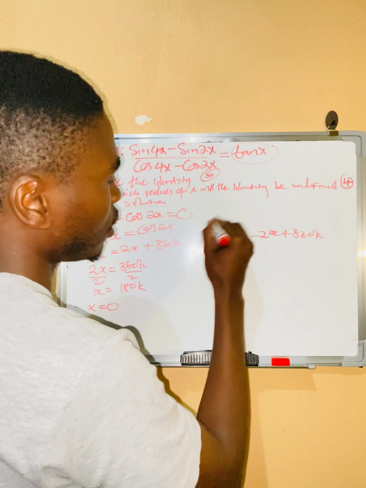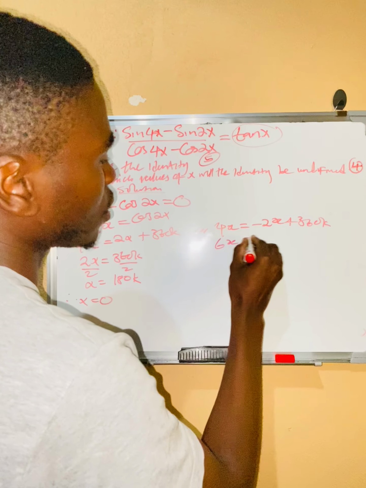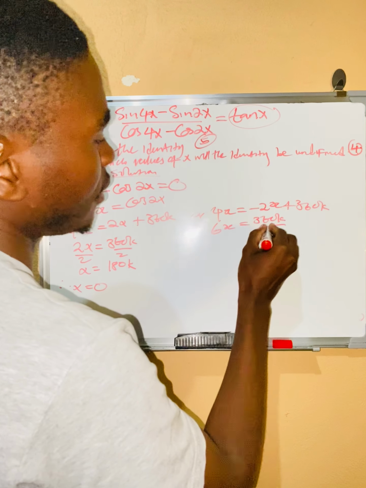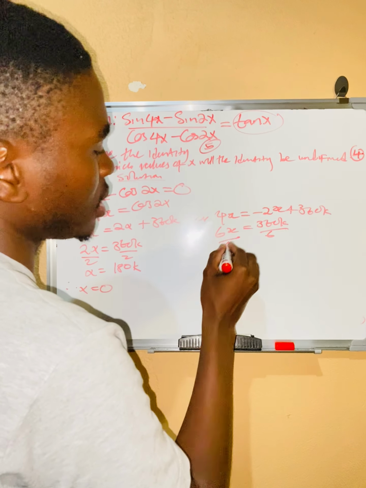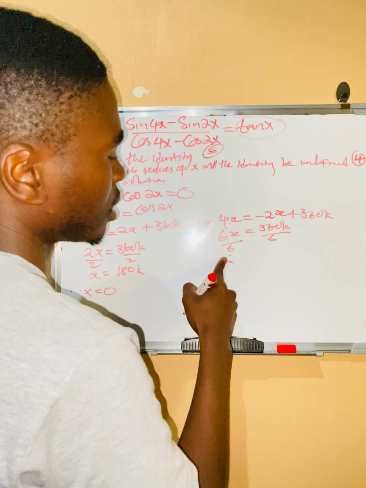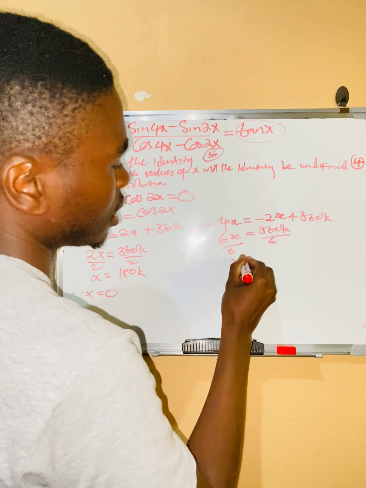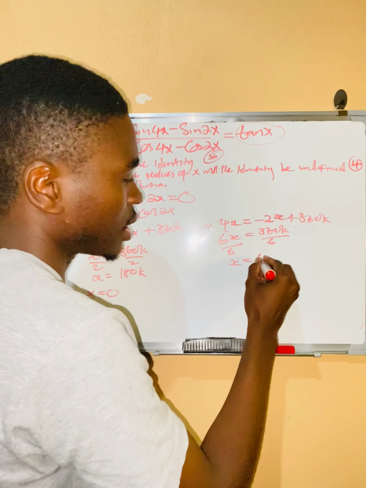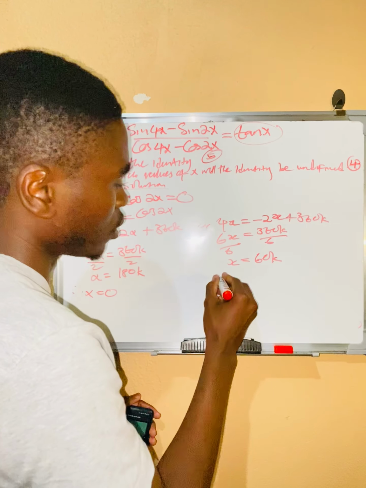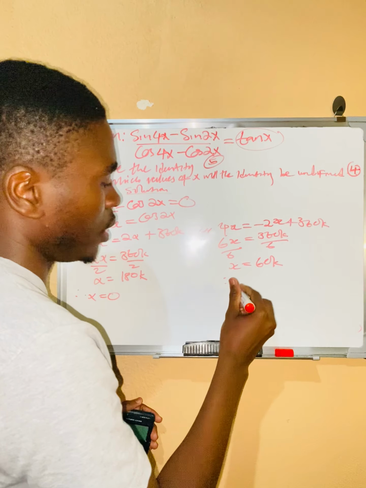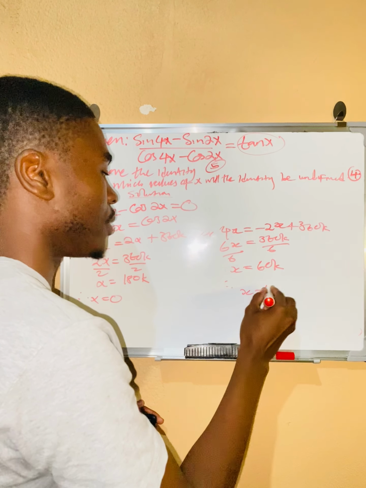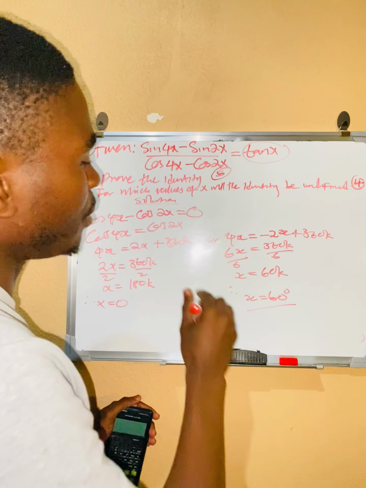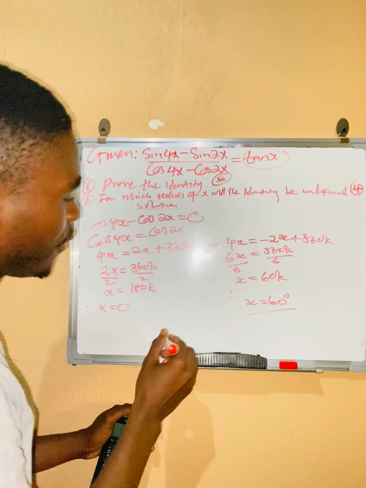Now we're going to come this side and have 6x equals 360k. You divide here by 6, and now you're going to have x equals 360 divided by 6, which is going to be 60k. Therefore x can be 60 degrees. If you have 60 degrees here, it's going to give you undefined.